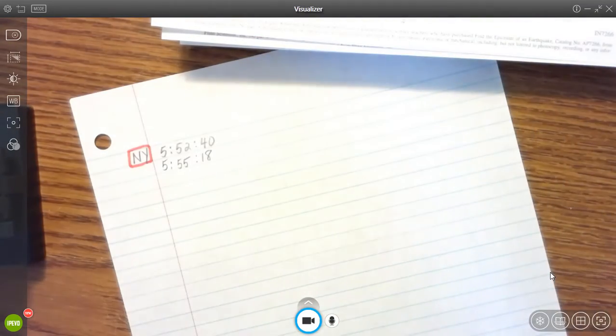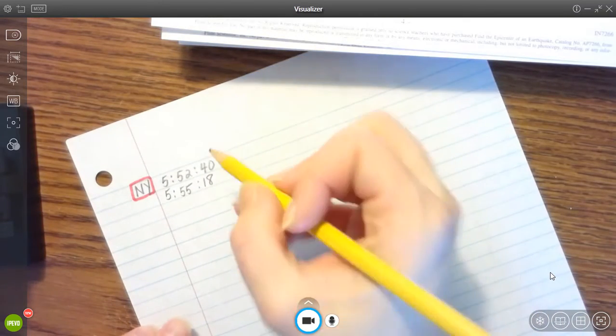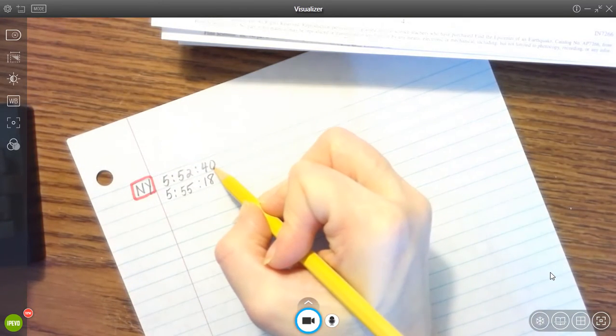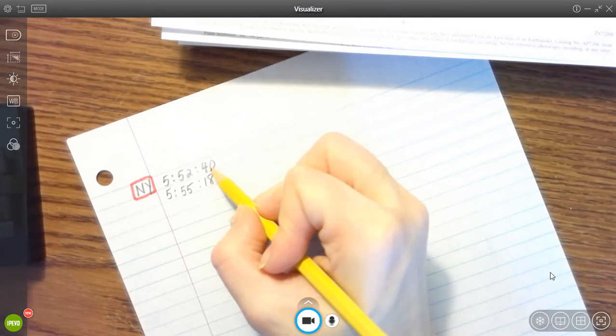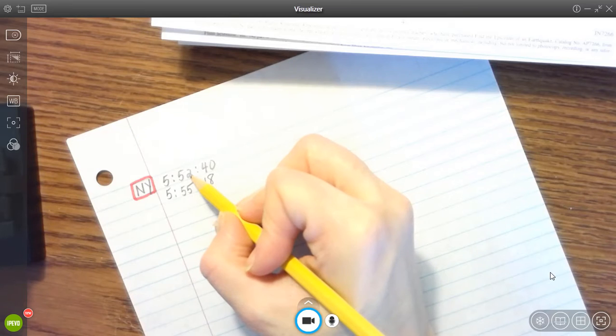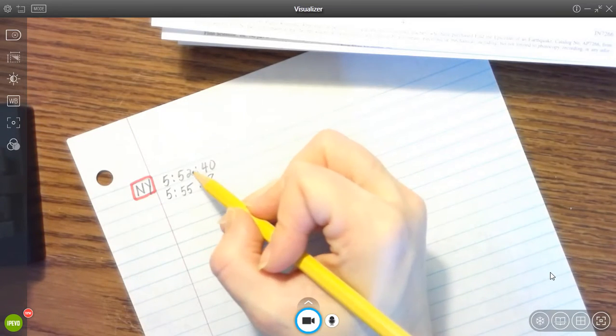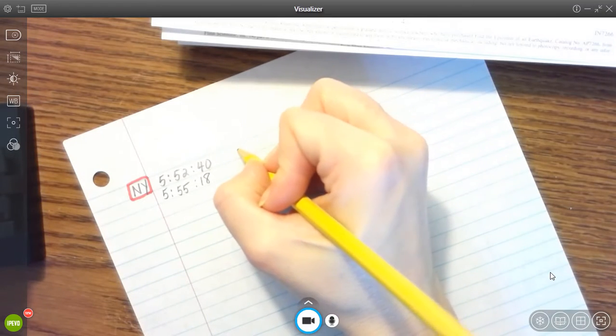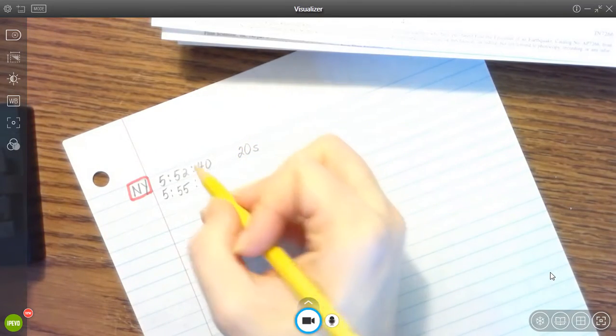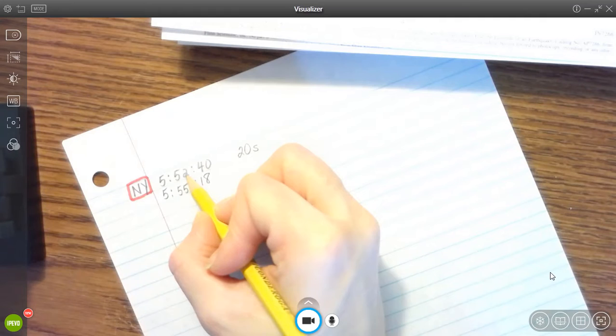So, how much time is going to get me from 5:52:40 to 5:55:18? Okay, so the first thing that I need to do is get myself to the next whole minute. So how much time do I need to add to 40 seconds to get to minute 53? So 60 seconds in a minute, 60 minus 40, there's going to be 20 seconds to get to 5:53.